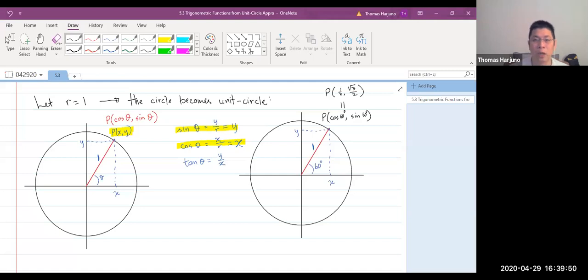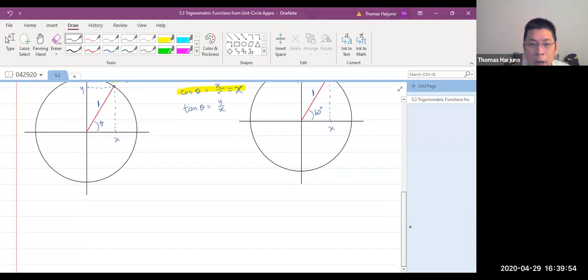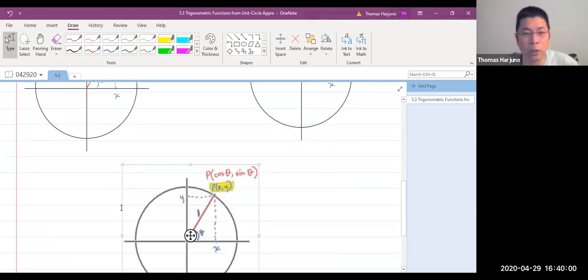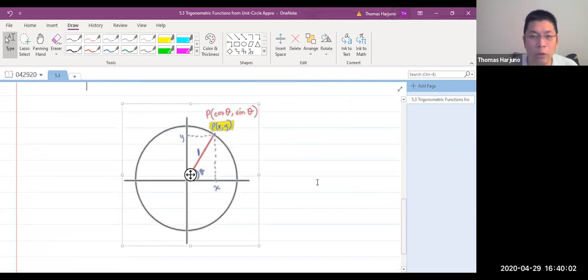Now, to go on further, we can have this. So you see that we deal a lot with the unit circle now. Let me erase some things first.